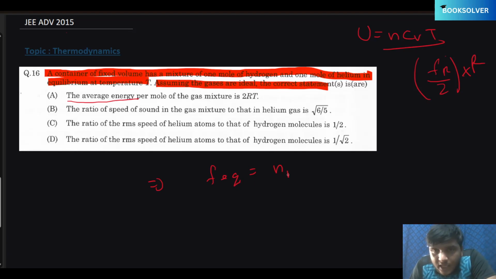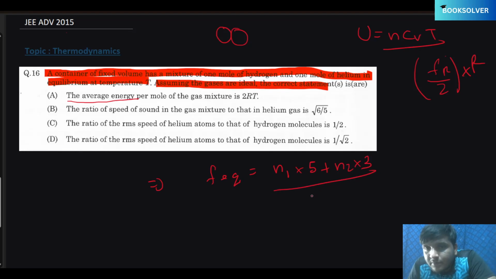We write N1, that is how much mole of the first gas, times its degree of freedom. Hydrogen is a diatomic, so it has a degree of freedom of 5, plus N2 times the degree of freedom of helium. Helium is a monoatomic, so it has a degree of freedom of 3, divided by N1 plus N2, where N1 and N2 both are equal to 1.